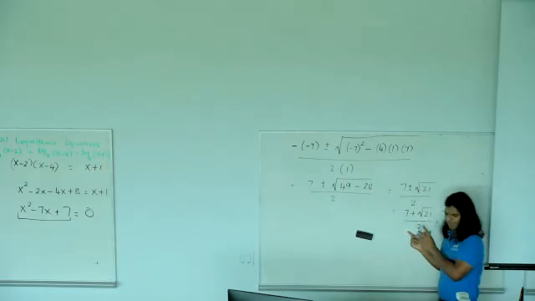The square root of 21 is about 4.6. You can use your calculator.